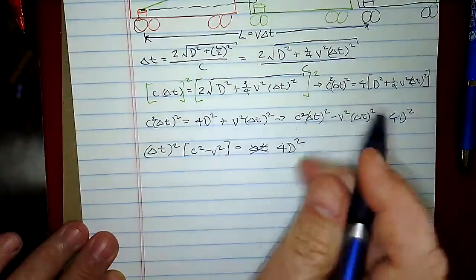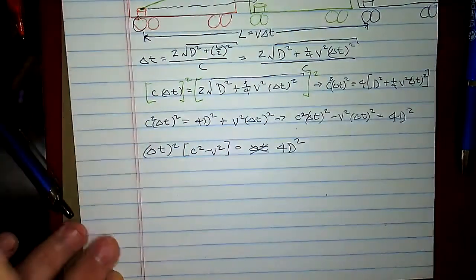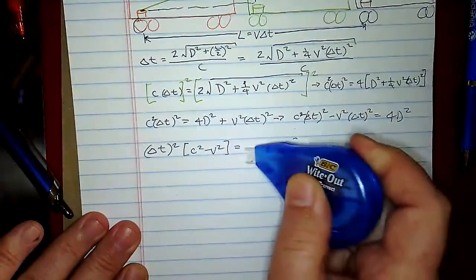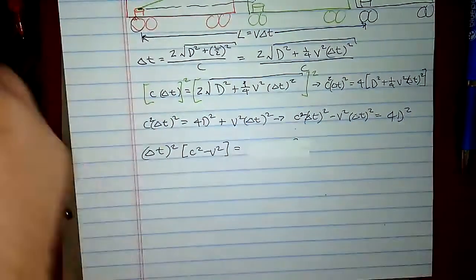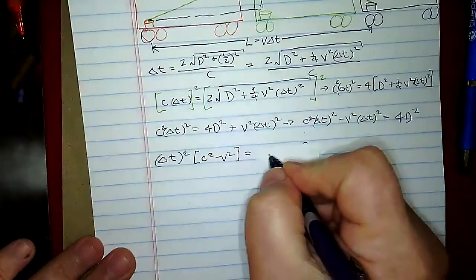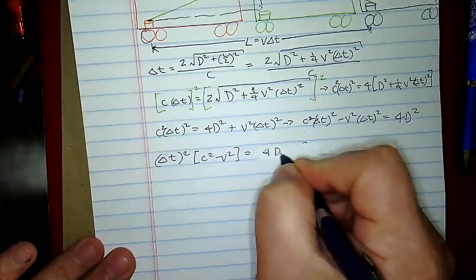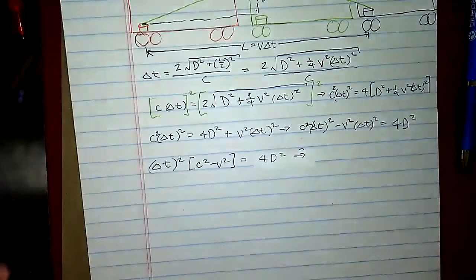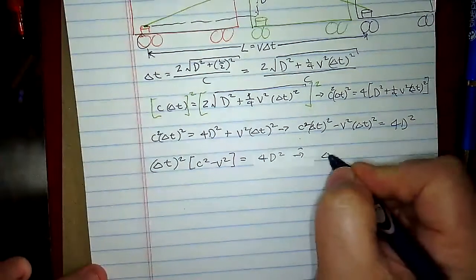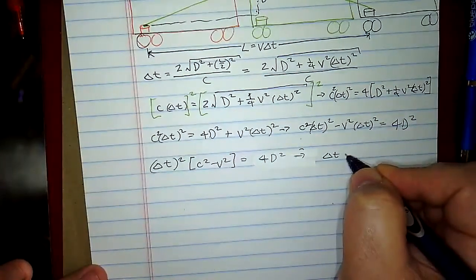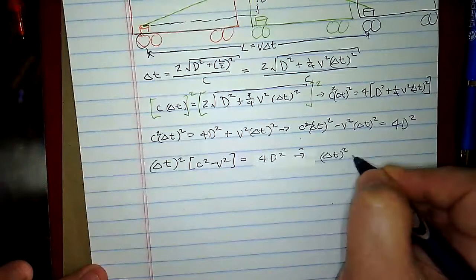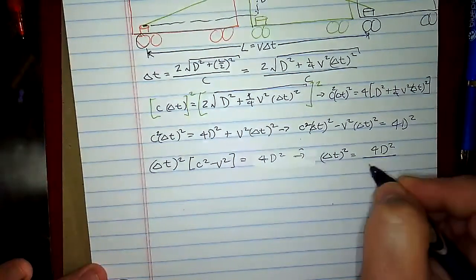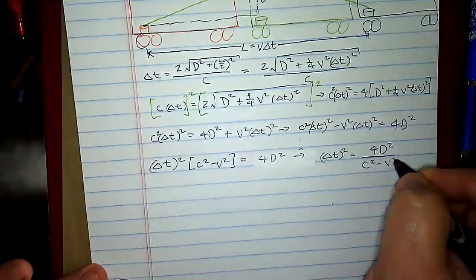Let me go ahead and make it a little prettier. Now from that, I can finally say that delta t squared is equal to 4d squared over c squared minus v squared.